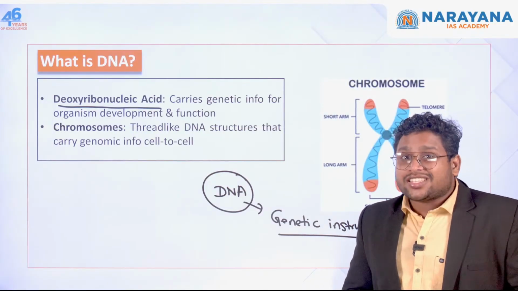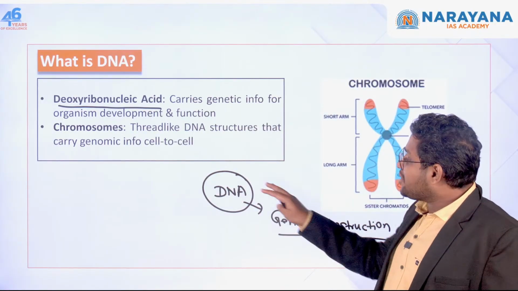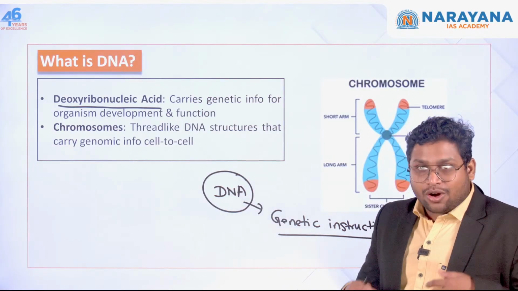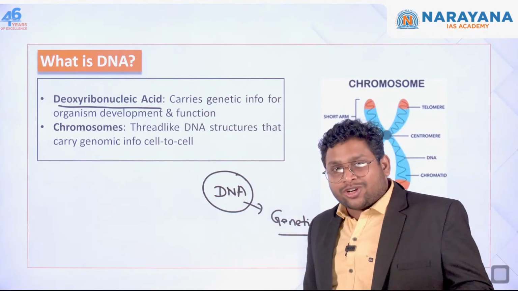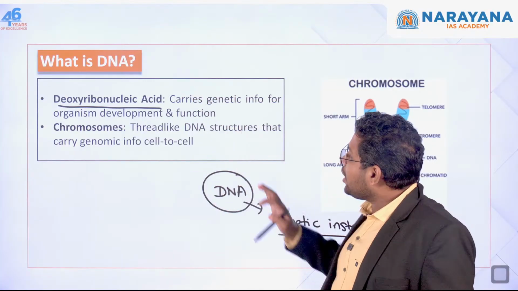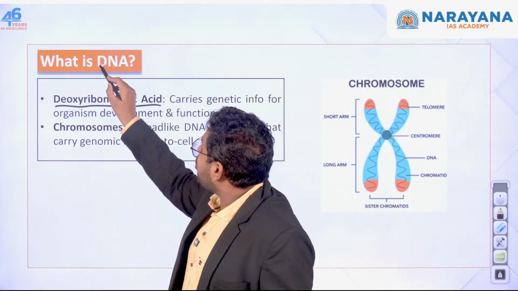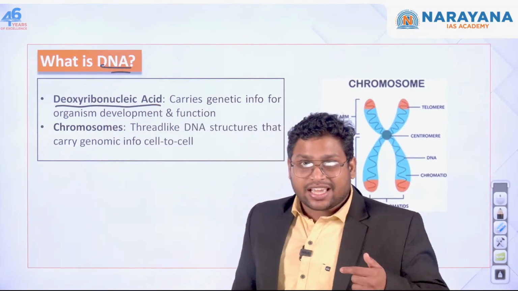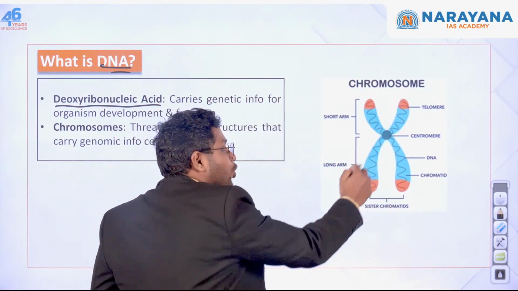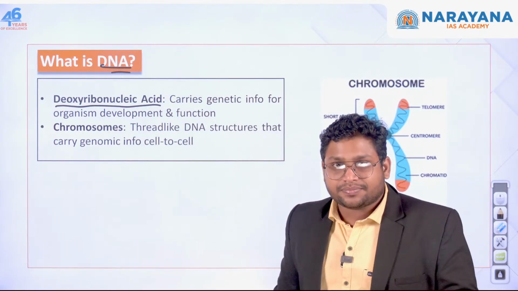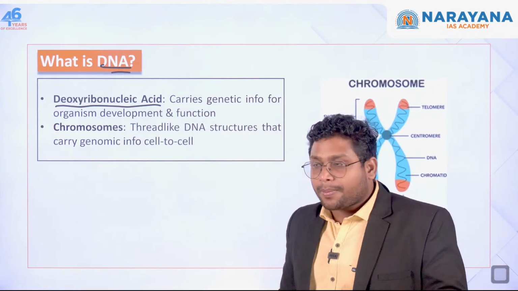Why is this happening? Because some information stored in DNA is telling the cells to do this particular task. All this is happening because of deoxyribonucleic acid, and this DNA is present in the chromosomes. Clear?